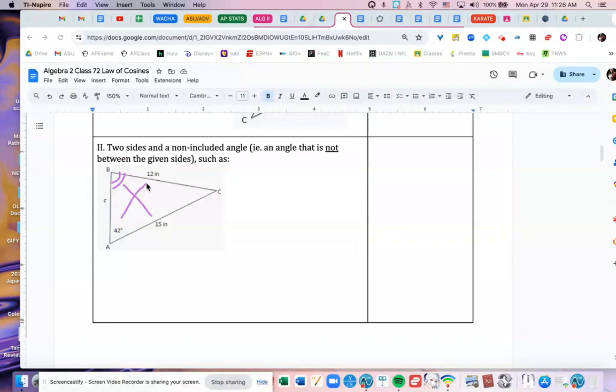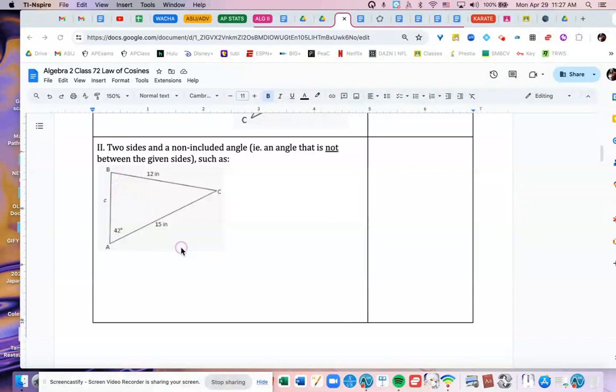So if I go this way, I'm going to know both things, the angle and the side. If I go this way, I'm going to know the side and I don't know the angle. But that's only one thing out of four that I don't know. So if that's true, then I'll be able to solve for it using law of sines. So this is not one of those situations where I have to go to law of cosines. I can use law of sines.